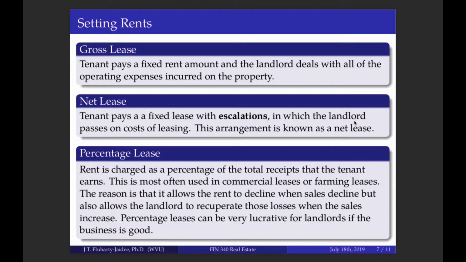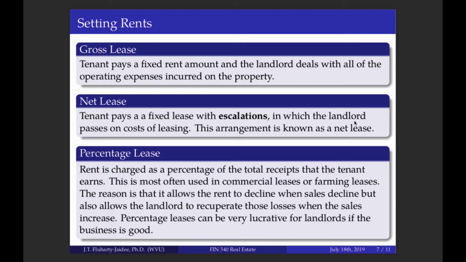Another way of saying that is it increases your degree of operating leverage. It makes a fixed expense into a variable expense. I'll say that again. It takes a fixed expense and makes it a variable expense. Remember, variable expenses are expenses which increase with the quantity sold. In this case, it's actually sales dollars, which is a function of quantity sold.